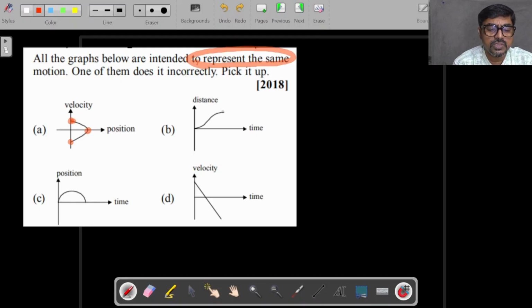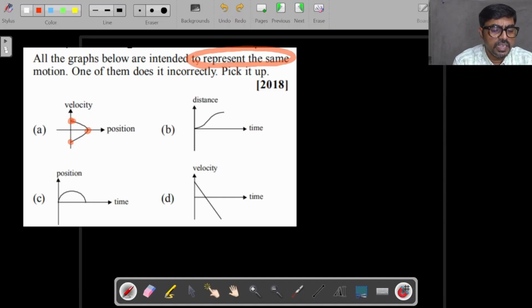Slope is not 0 here, not here, and later it is going like this, but then it is supposed to return back again, and it is not coming back. Distance keeps on increasing, it will never decrease, but in the entire graph there is no slope 0. So these two are inconsistent with each other, only one of them is going to match with the others.